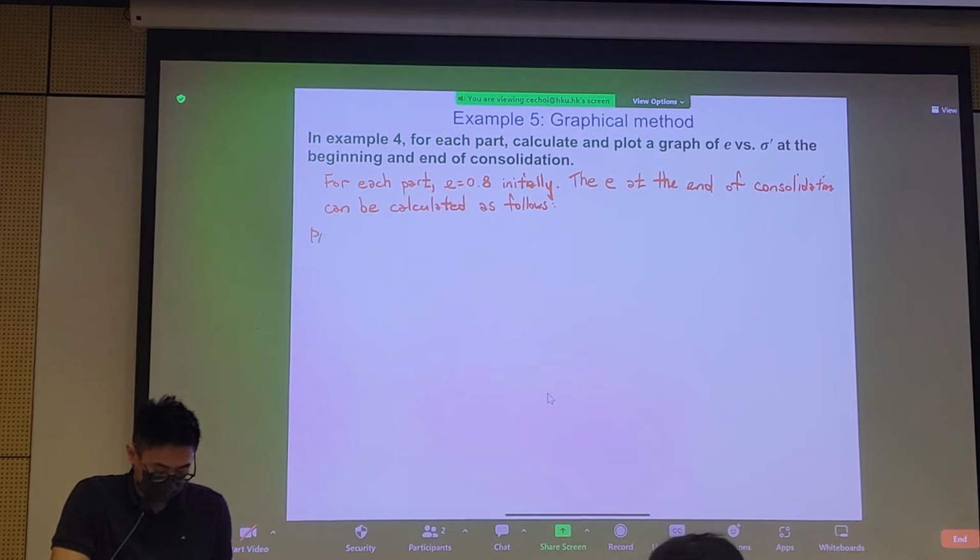For part A of the question, we're just rearranging our formula to solve for void ratio.